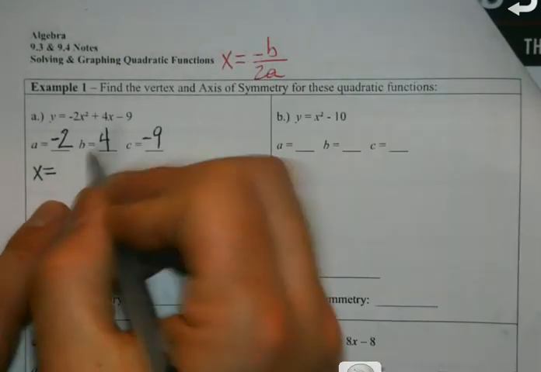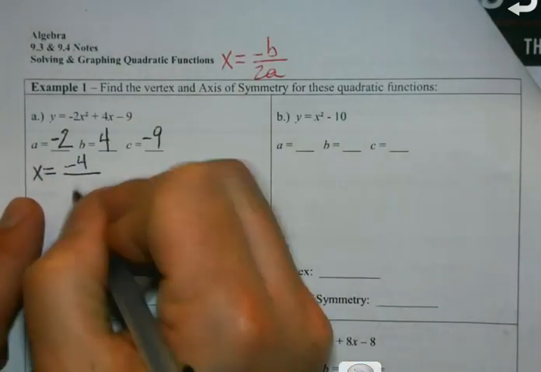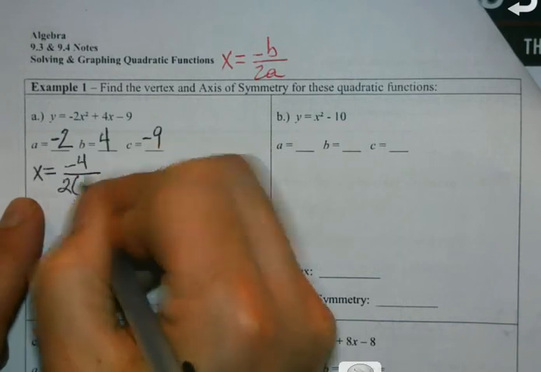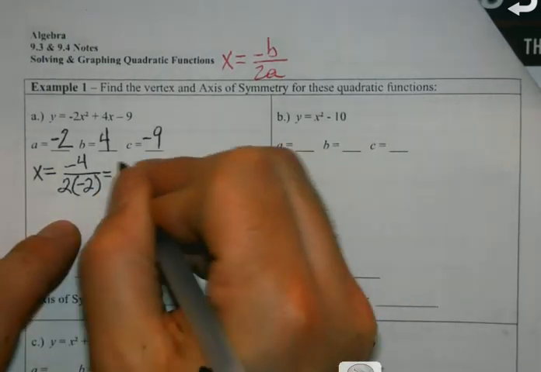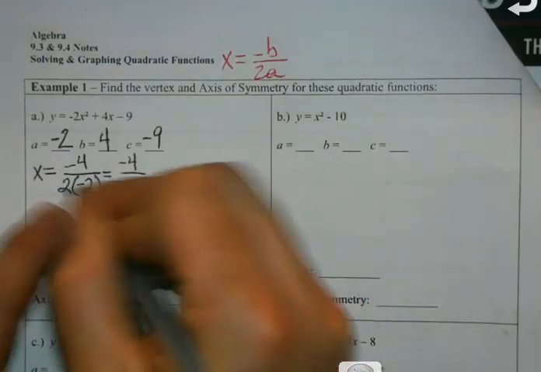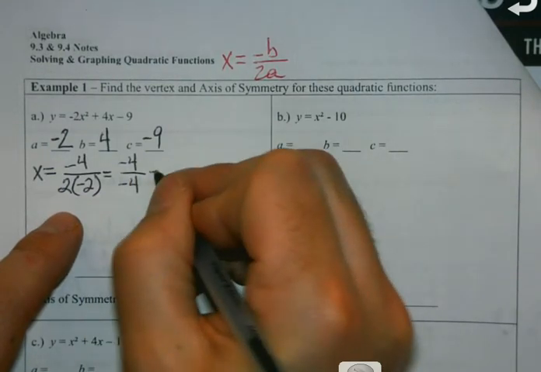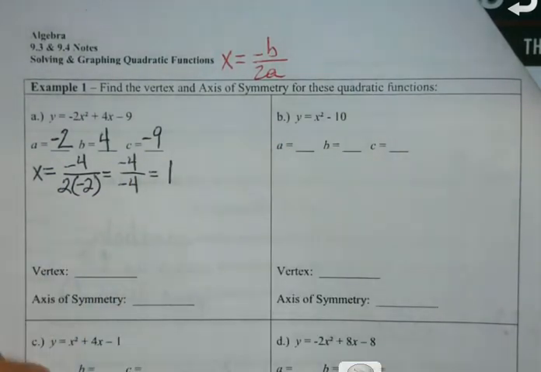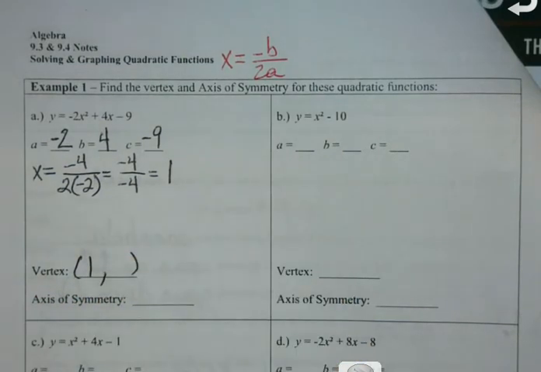I'm like, okay, so negative 4 over 2 times my a value, which is negative 2. And I just got to figure out what that is, and I'll have my vertex, okay, the x value. So 2 times negative 2 is negative 4, and negative times negative is positive. So in my vertex, the x value is going to be 1.